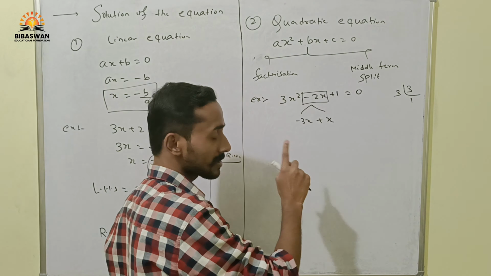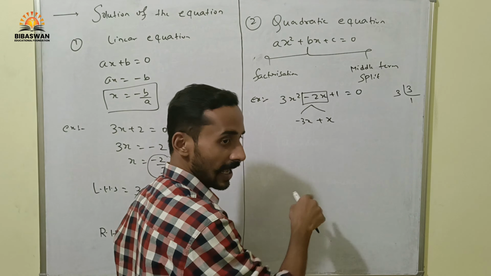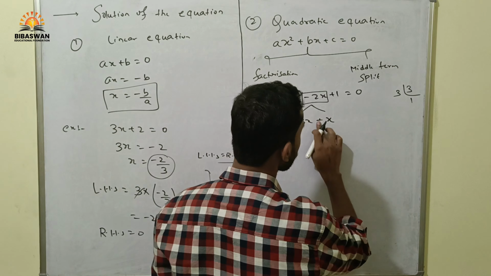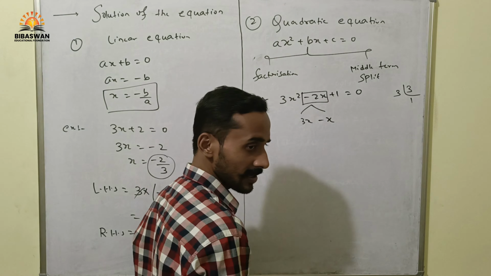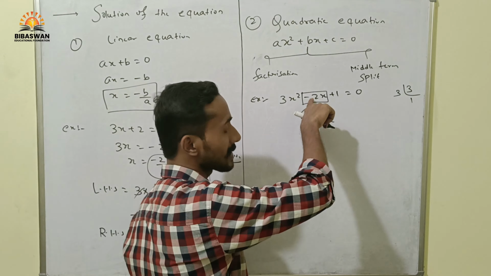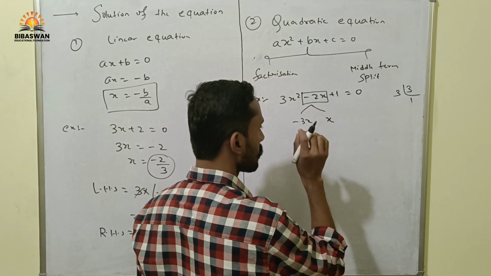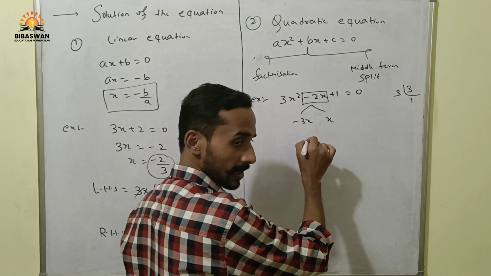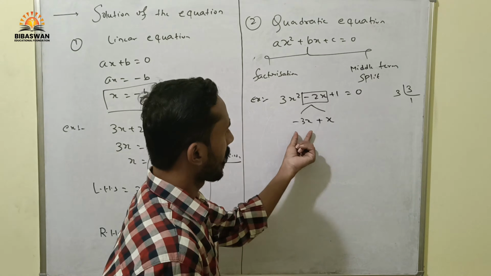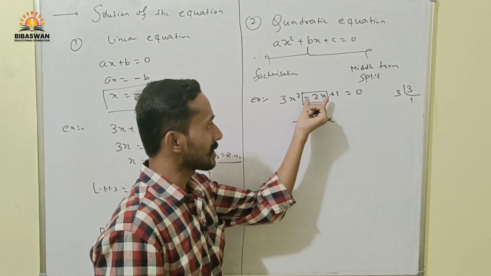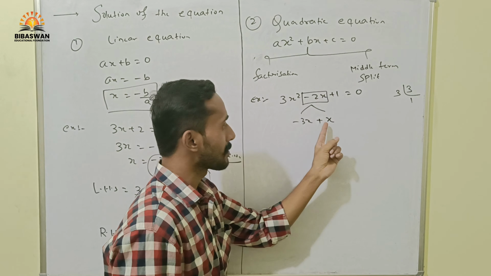So you have to focus on the minus and plus signs also. If anyone writes 3x minus x, then what is the result? 2x. But here the answer is minus 2x. So we have to be very careful at that point. We should write minus 3x plus x. Now the answer is minus 2x. And minus 3 multiply what?